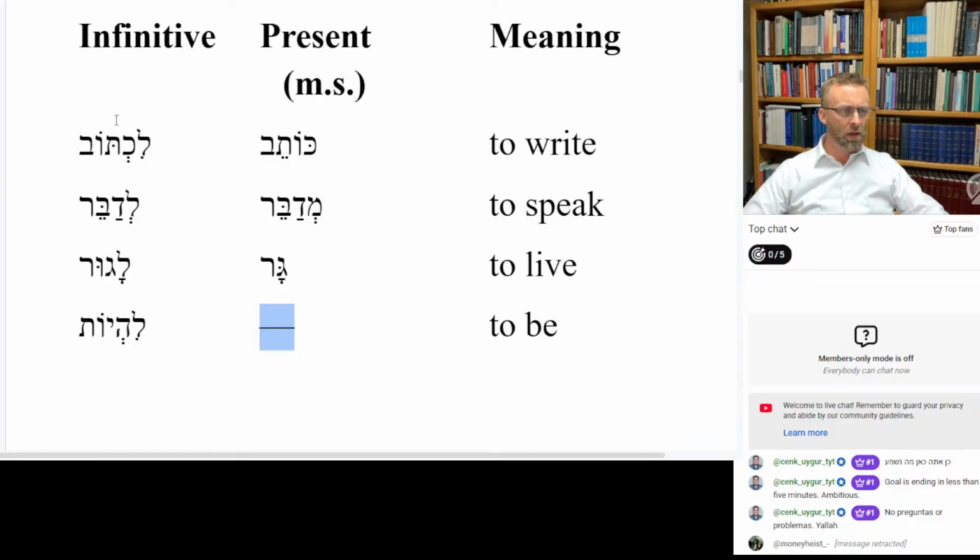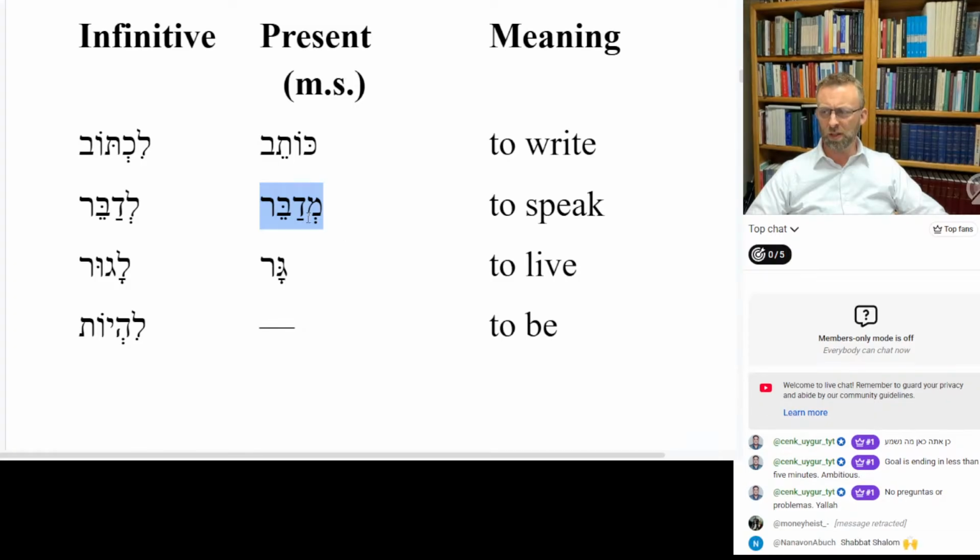All right, so our infinitives really quickly. Lichtov, to write. Ledaber, to speak. Lagur, to live in a location. And lihyot, to be. Present tense: kotev, writing. Medaber, speaking.